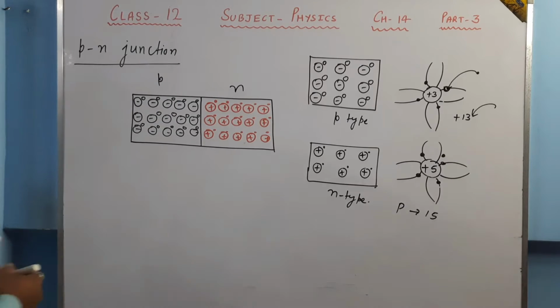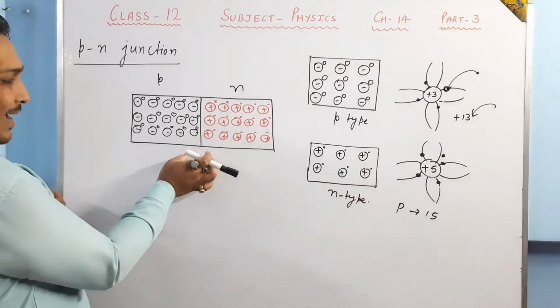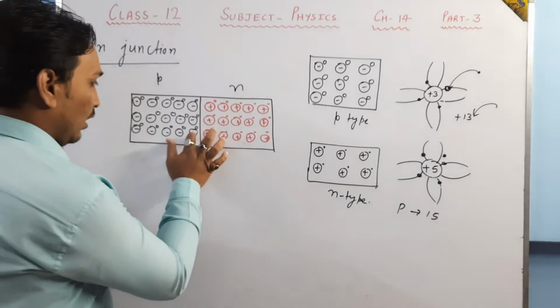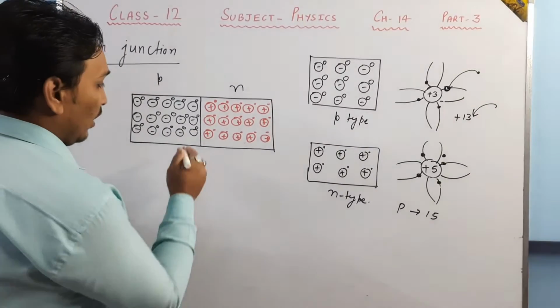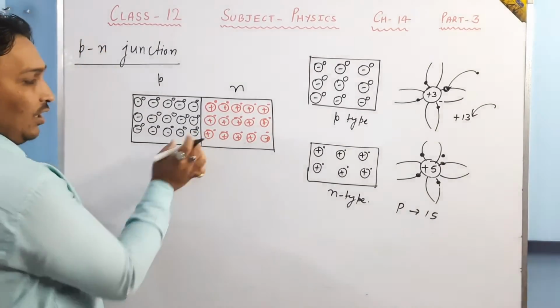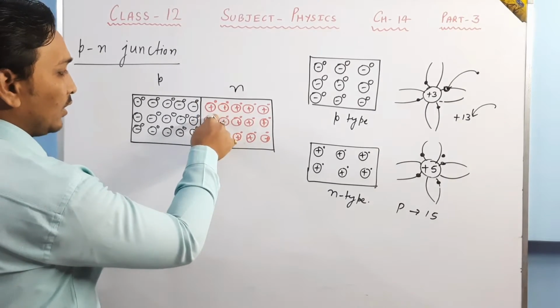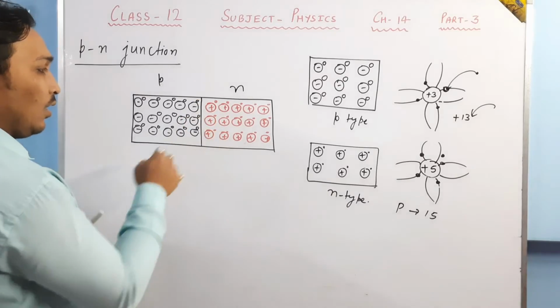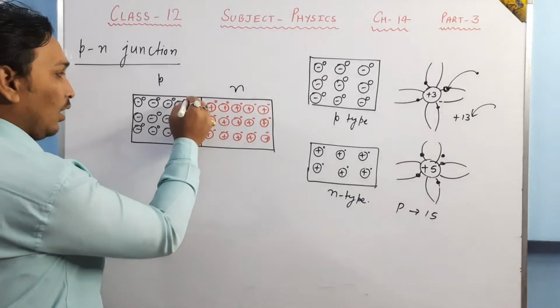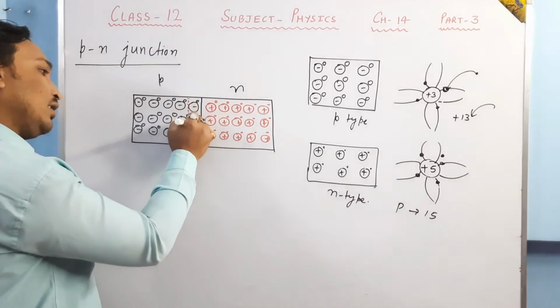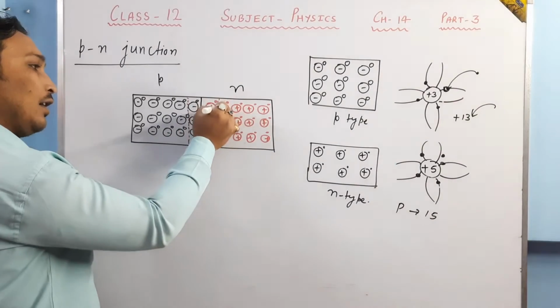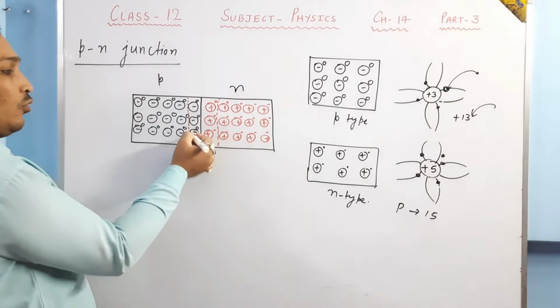Now, when they are joined at the atomic level, what happens actually? The charges nearby the junction, these electrons and holes, just cross the junction and meet the opposite charge over there.